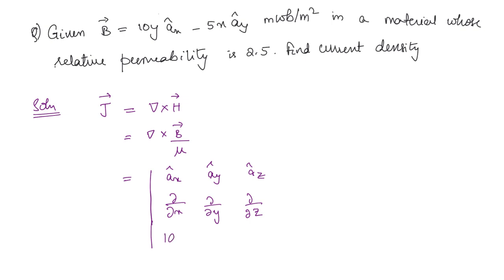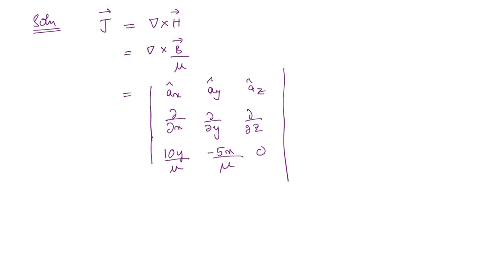So Ax component is 10y by mu, Ay component is minus 5x by mu, and there is no z component, so it is 0. So this is going to be Ax cap 0 minus 0, because dou by dou z of this function is simply 0. So there is no Ax component.